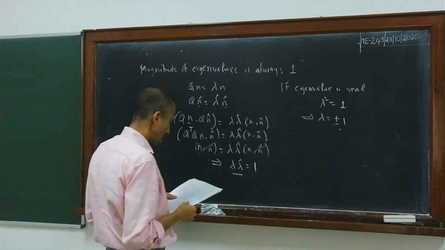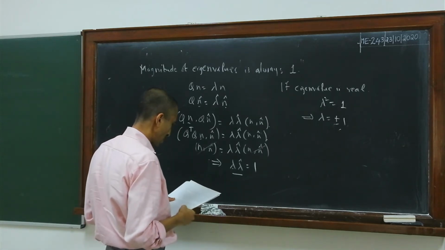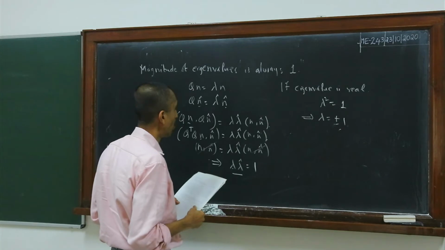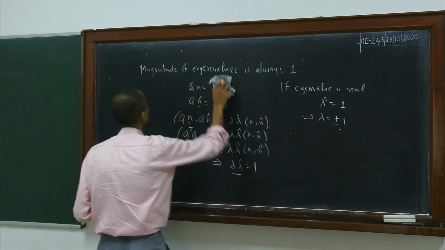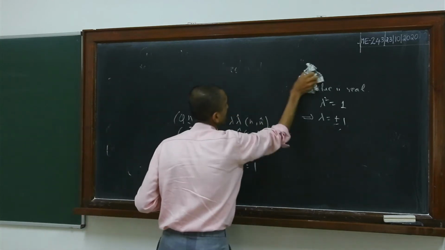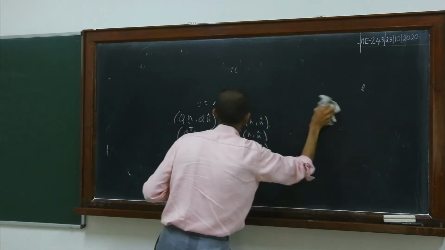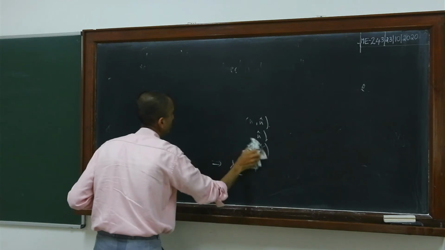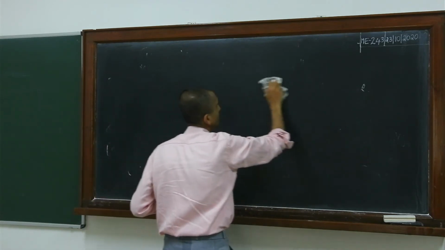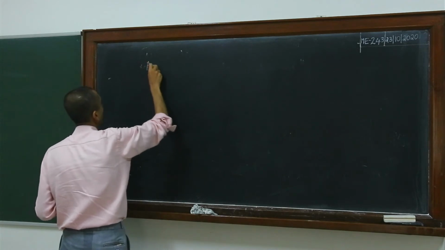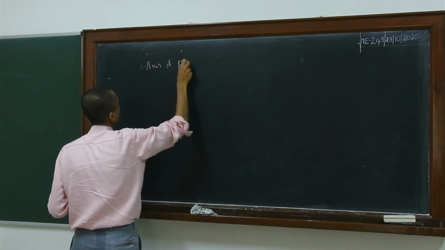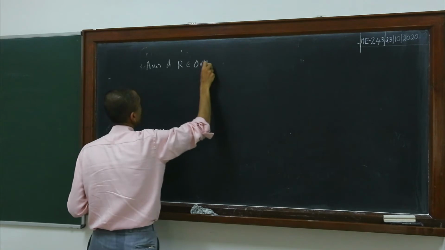So the real eigenvalues of an orthogonal tensor can only be plus 1 or minus 1. Now let us look at what is known as the axis of a proper orthogonal tensor. Now talk about the axis of R belonging to R plus.